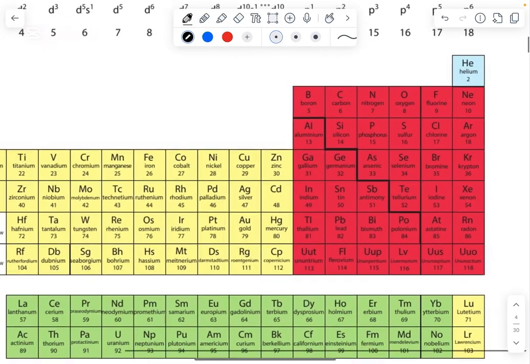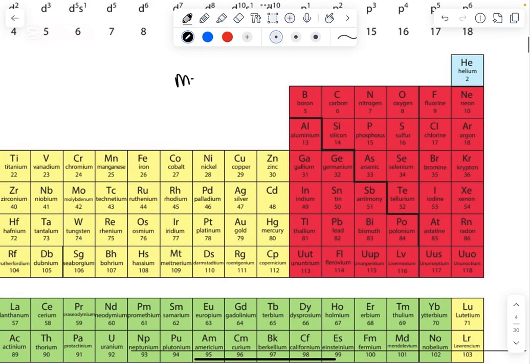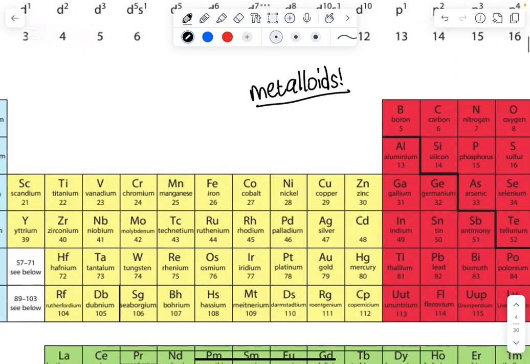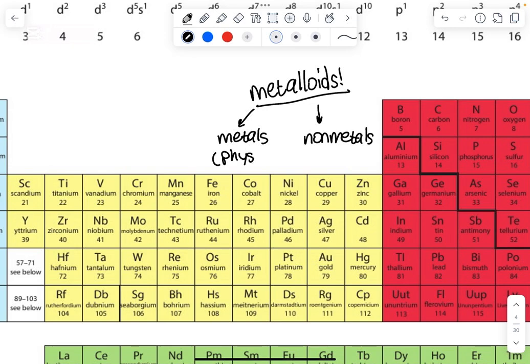One more thing worth noting is the metalloids. Metalloids, they're kind of in between metals and nonmetals. Physically, they look a lot like metals, and they have similar physical properties.